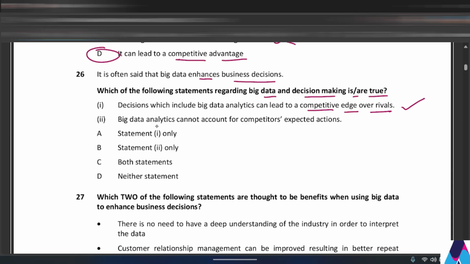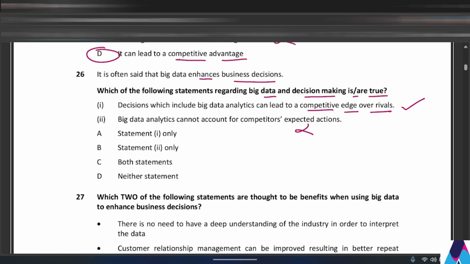The second one says big data analytics cannot account for competitors' expected action. Actually, it can because, like I said, once you have the relevant information about your competitor and your market, you can predict what your competitor is going to do. You cannot be 100% sure, obviously, but you can make some kind of prediction using the data, right?